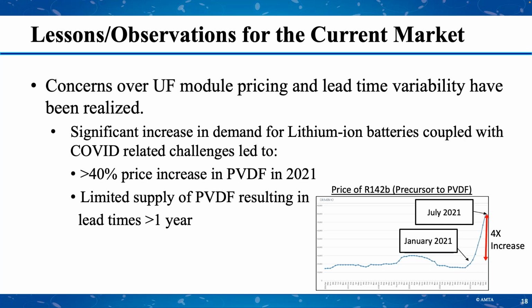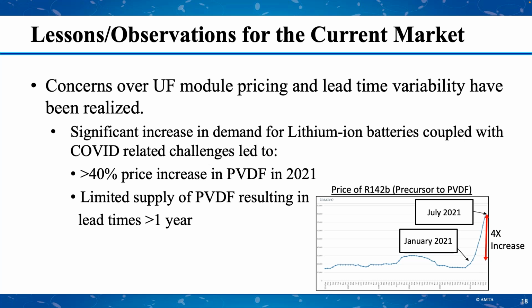At the same time, since the lithium-ion EV battery market exploded around that time, a lot of the manufacturers' capacity was reallocated to those manufacturers. That market is much more profitable and attractive for PVDF manufacturers.